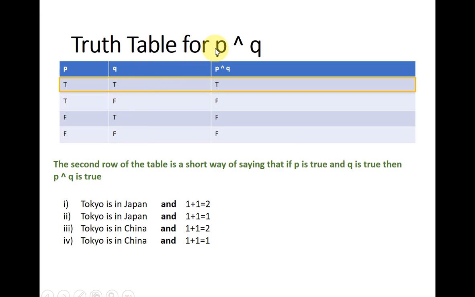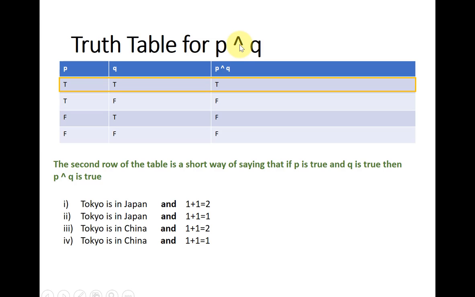When you have two statements, remember each statement can only be true or false. So we've exhausted all the possibilities, and we've stated what the case is about the compound statement for each of those cases. So this whole thing is called the truth table for the AND conjunction, or the AND connector, or the so-called conjunction.